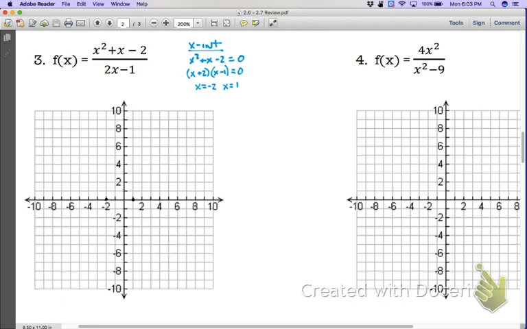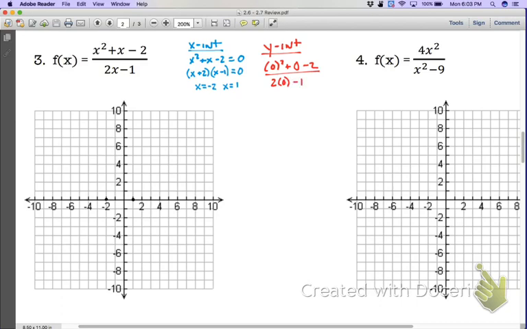As far as our y-intercept is concerned, that's when we set all the x's equal to 0. So we're going to have 0 squared plus 0 minus 2 all over 2 times 0 minus 1.